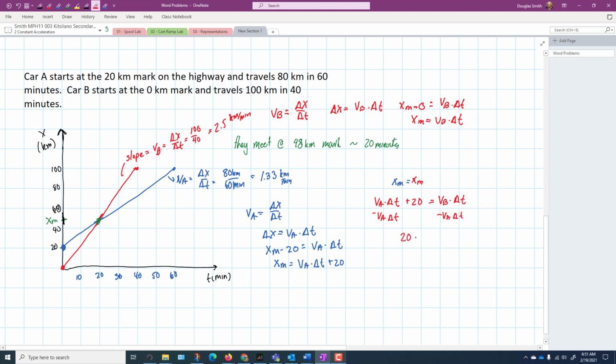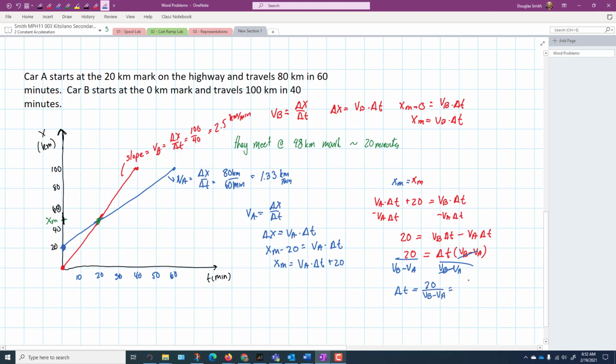So I get 20 is equal to VB delta t minus VA delta t. There's a common factor delta t there, so I'll distribute that out. Then I'll divide both sides by VB minus VA. That cancels out, so I get delta t is equal to 20 over VB minus VA.